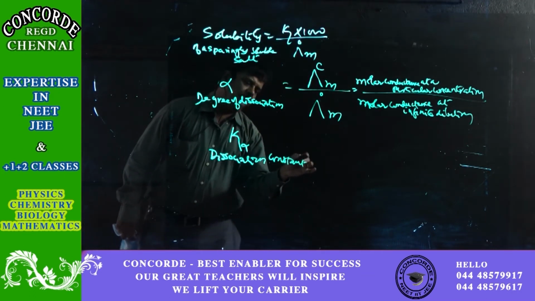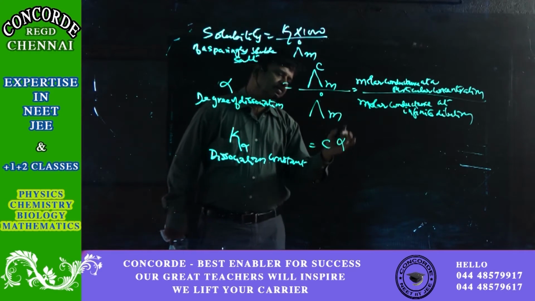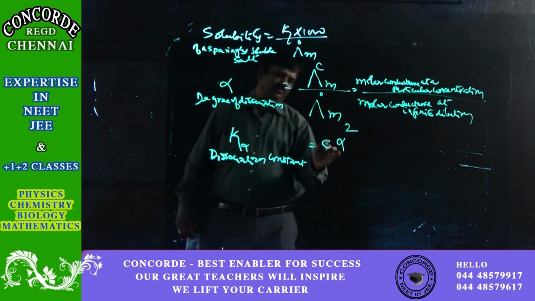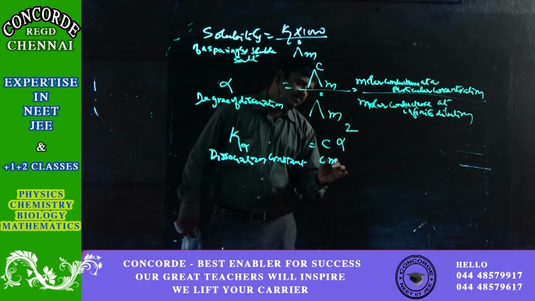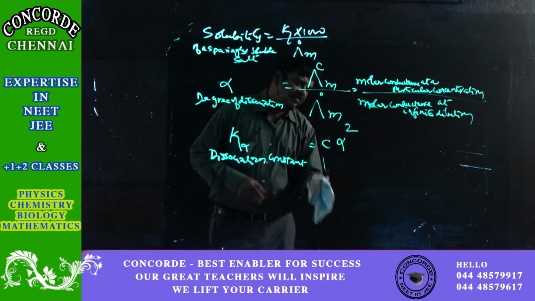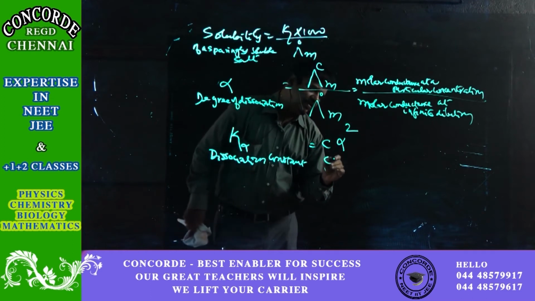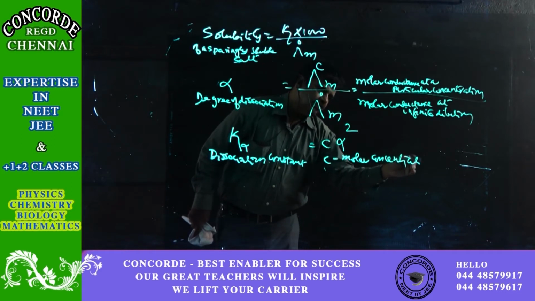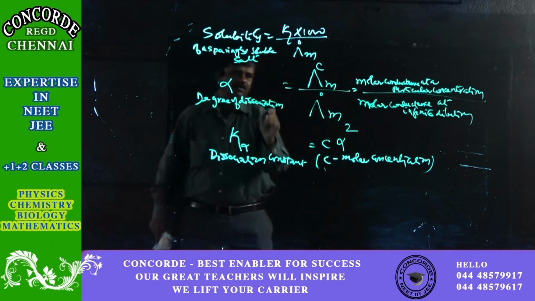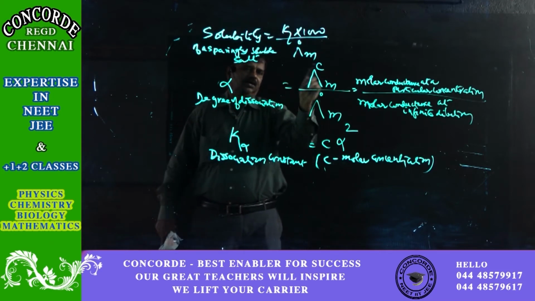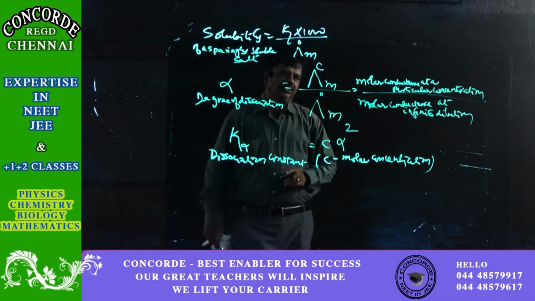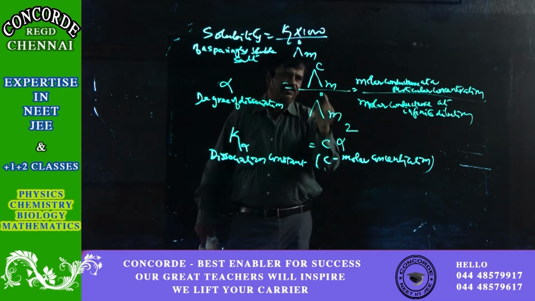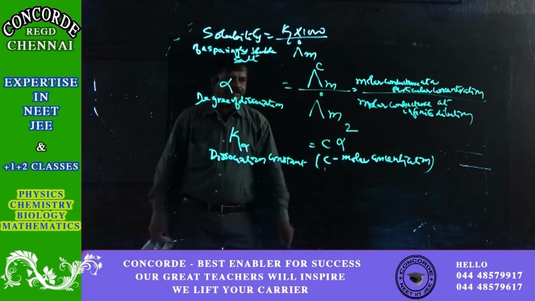Dissociation constant K alpha is equal to C alpha square, where C is the molar concentration, and alpha is the degree of dissociation, for which we already have the formula: lambda C m, the molar conductance at a particular concentration, divided by molar conductance at infinite dilution.